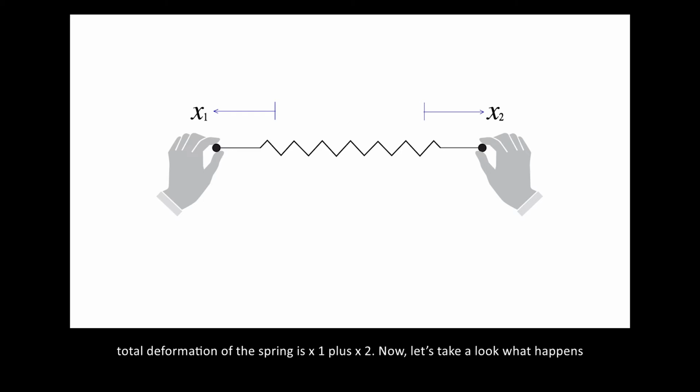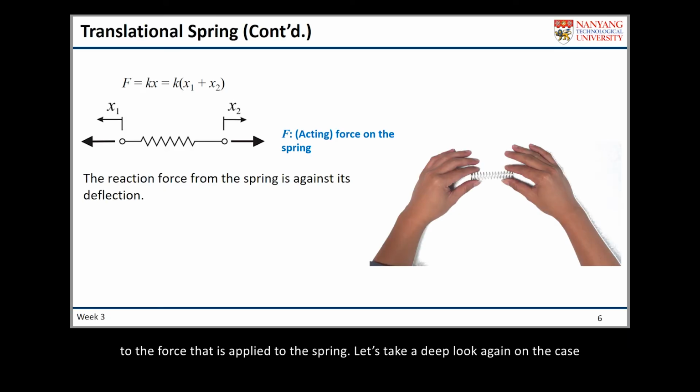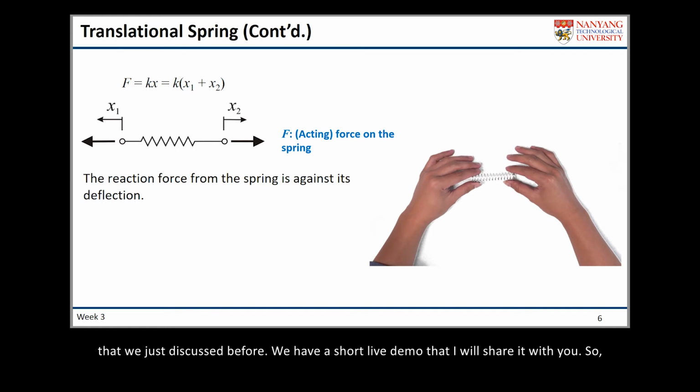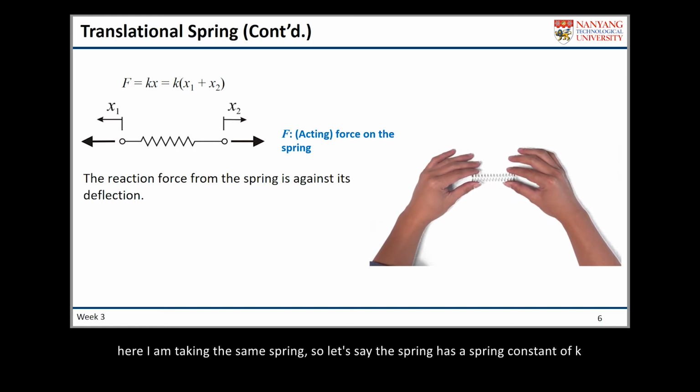Now let's take a look at what happens to the force that is applied to the spring. Let's take a deeper look again at the case that we just discussed. We have a short live demo that I will share with you. So here I'm taking the same spring.